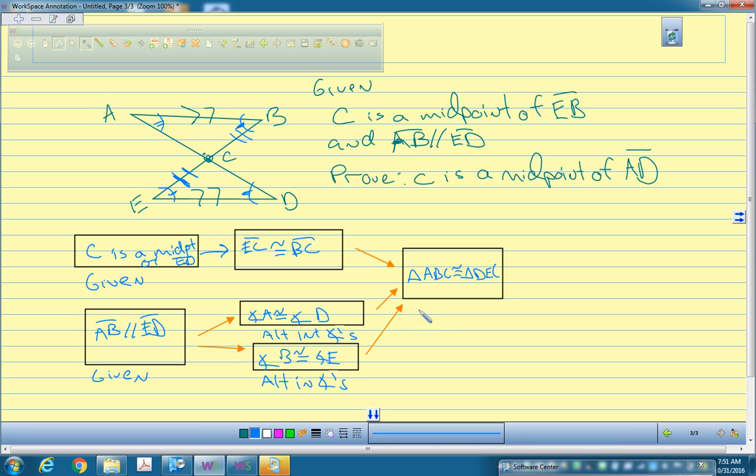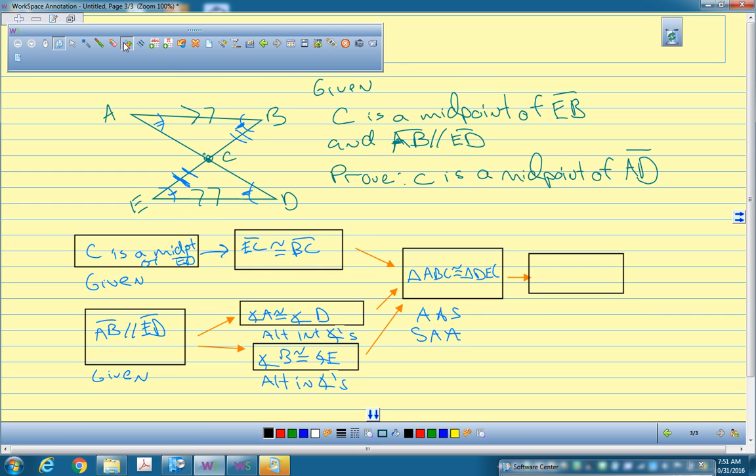And that is angle, side, which is the same as side, angle. Then I can say the reason that EC is congruent to BC is the definition of a midpoint, because if something is a midpoint, it divides a segment into two congruent parts.